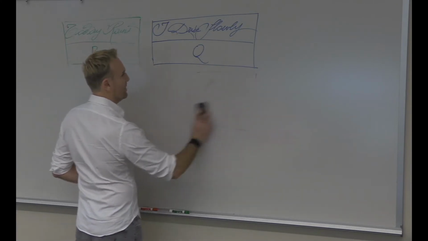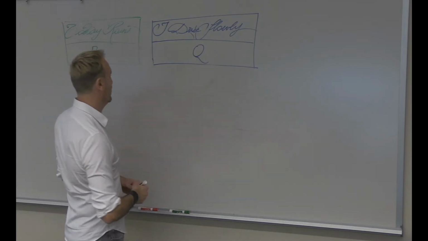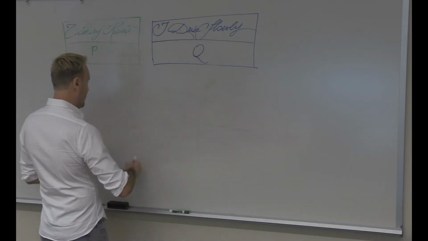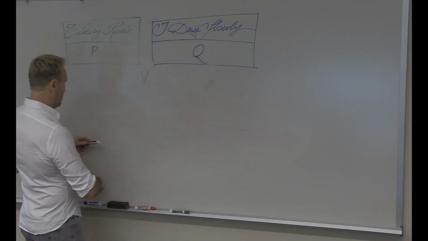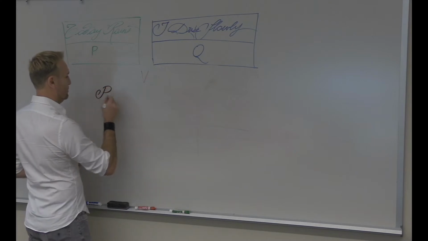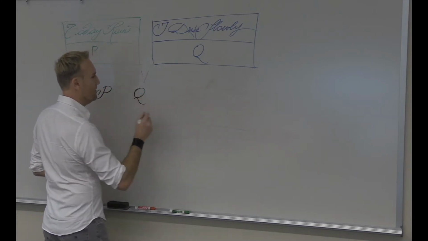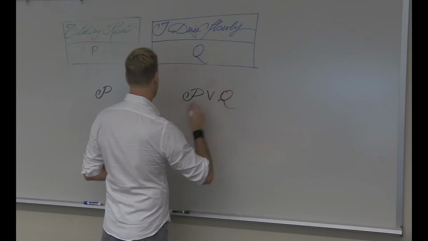But this time, rather than conjunction, we will use the disjunction. Okay. So again, the disjunction as the wedge. So same thing. P and Q, and then P or Q. Same thing.